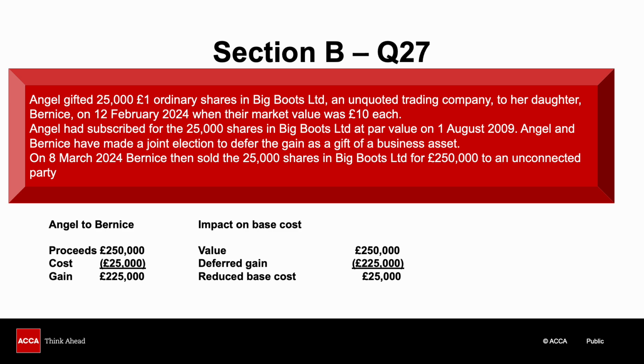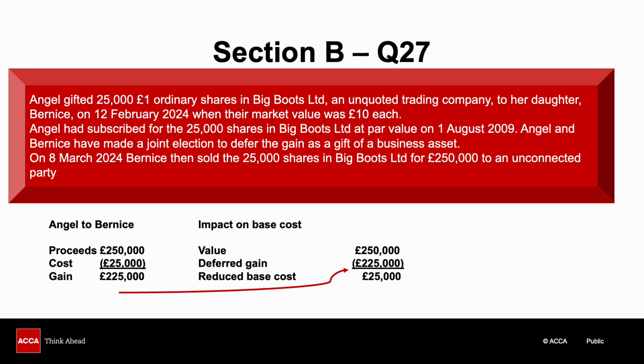So the value of the shares on the day that Bernice got them from Angel, they were worth £250,000. The gain that is being rolled into these shares for the future is £225,000.